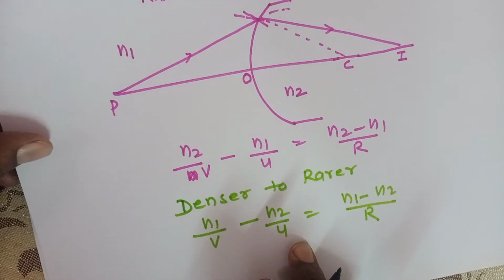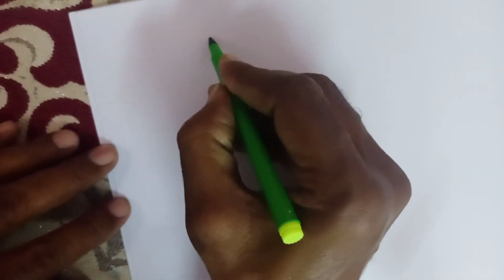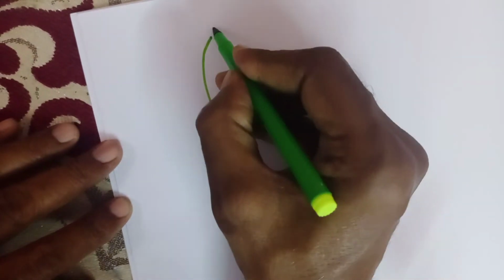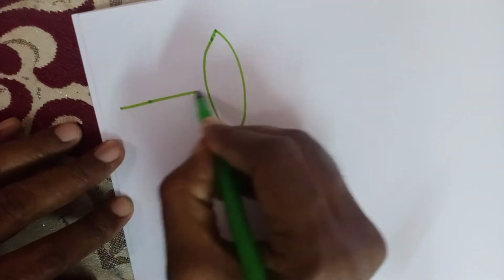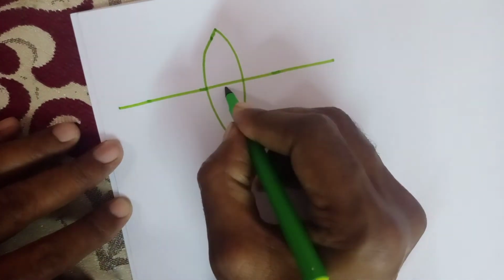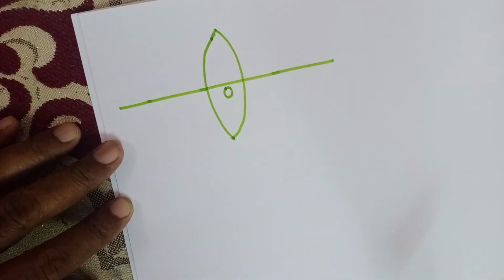Now in the Lensmaker formula, we have one lens here. Suppose this is our convex lens, a double convex lens. O is the center of the lens.